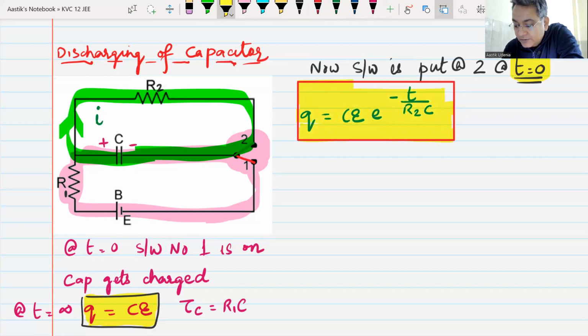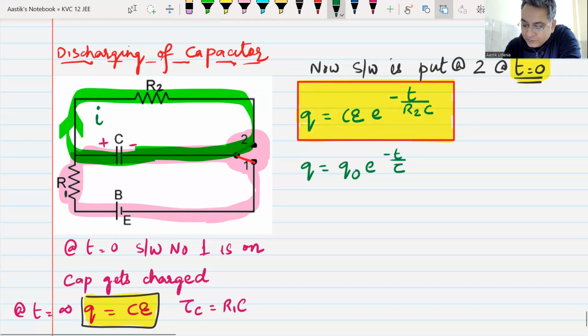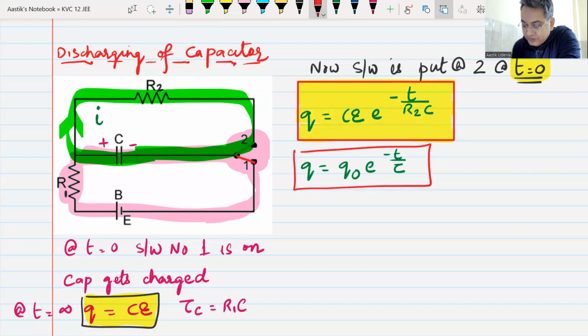Okay, now I can write this: Q is equal to Q naught e to the power minus t by tau. Now I am going to write it in this fashion, and now we are going to see what all these things mean.